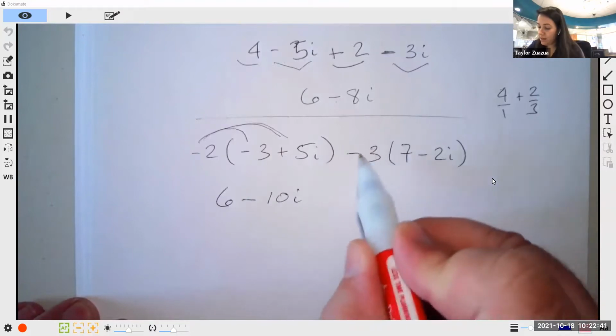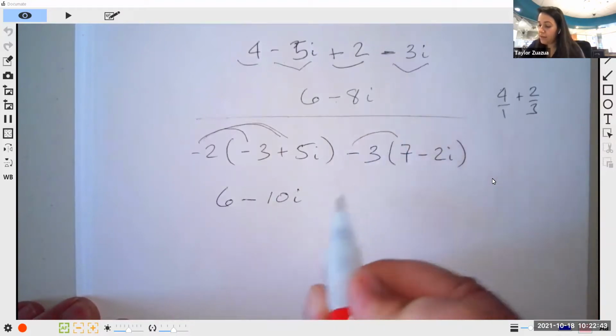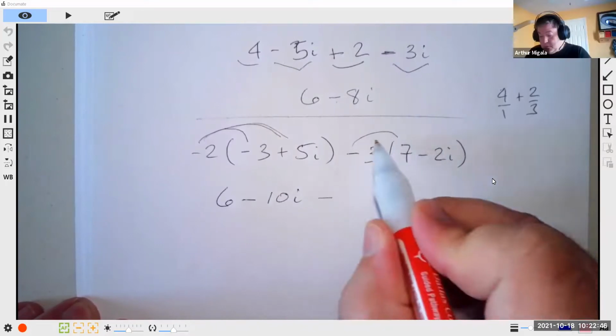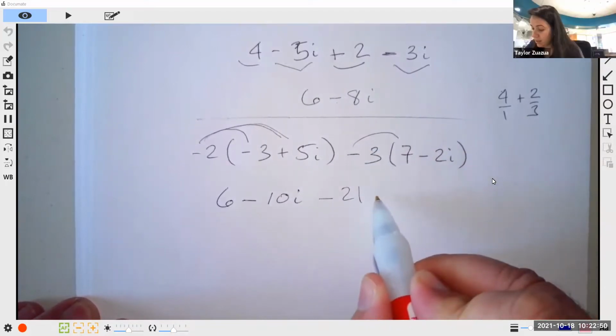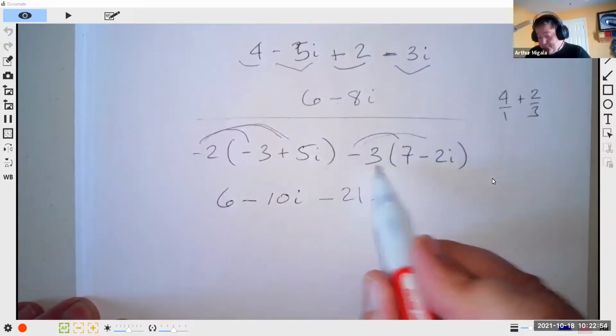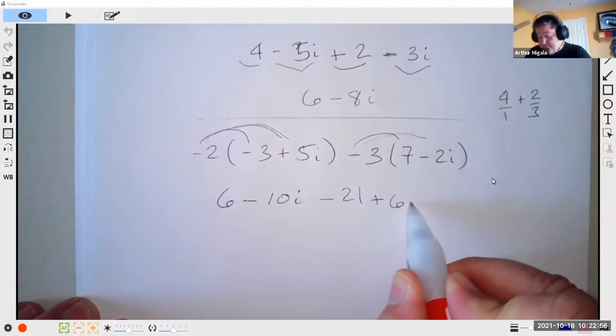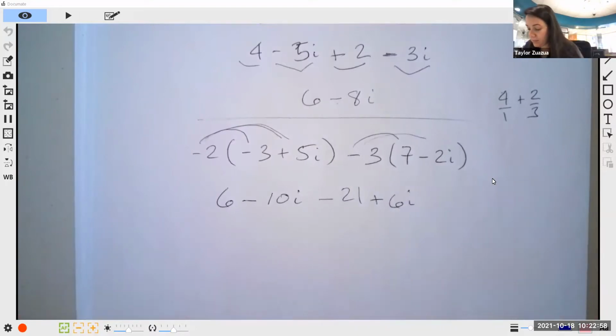And then a negative and a positive is still a negative, 21. Very good. And then negative and negative is a positive. So 6 plus 6i. Very good.